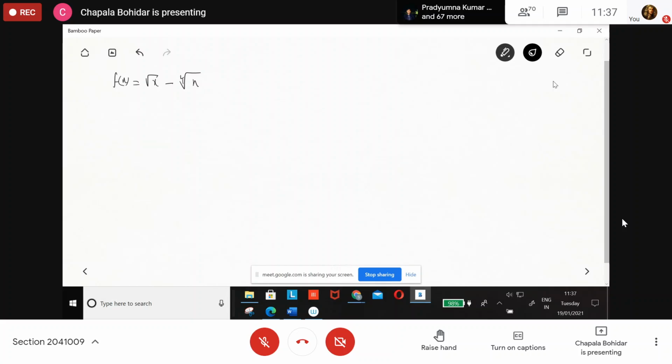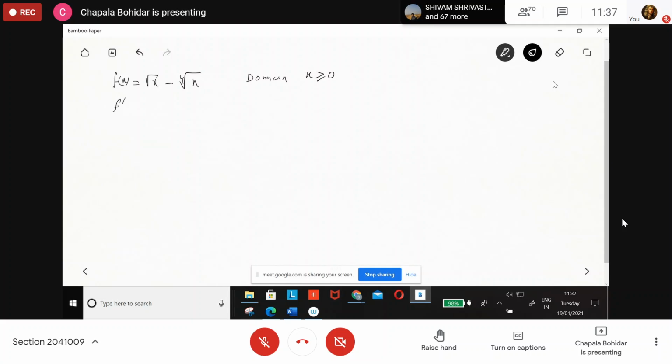What is our domain? Tell me what our domain is first. 0 to infinity. Domain: x is greater than or equal to 0. It is a root, so we consider x greater than or equal to 0.